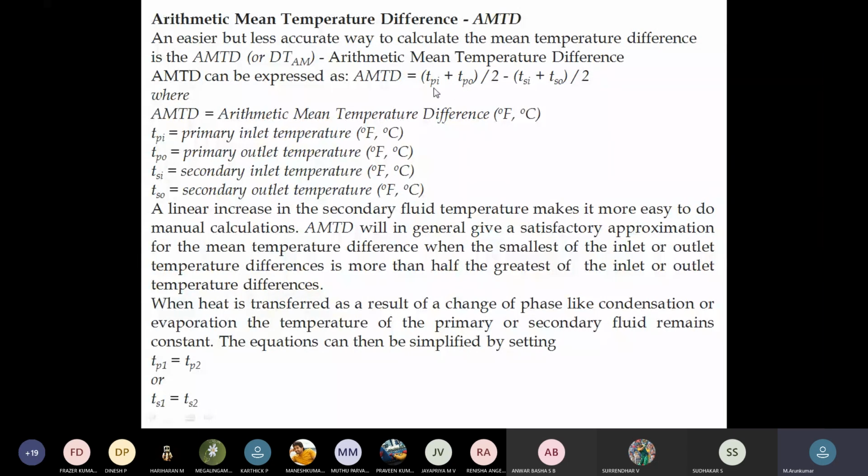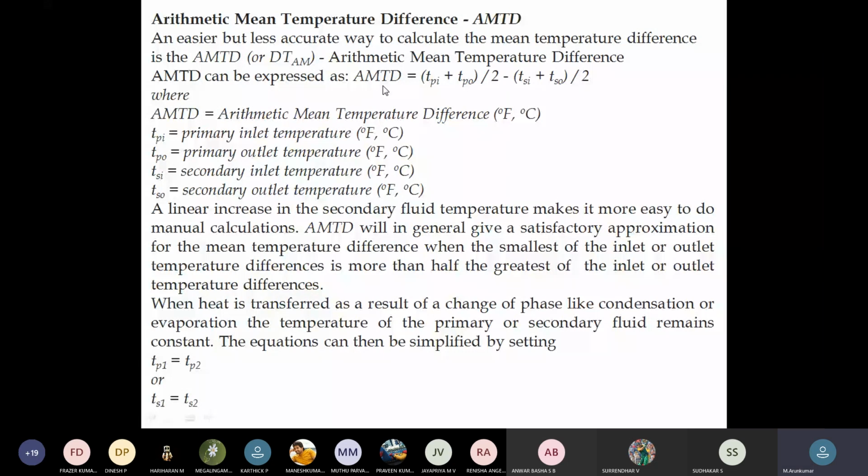So the equation is (TPI plus TPO, that is exit) divided by 2, minus (TSI plus TSO) divided by 2. So if you add the inlet temperature and exit temperature of the hot fluid and divide by 2, minus the inlet temperature and exit temperature of the cold fluid divided by 2, then we can get the AMTD.